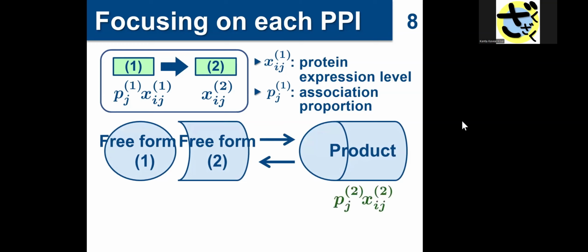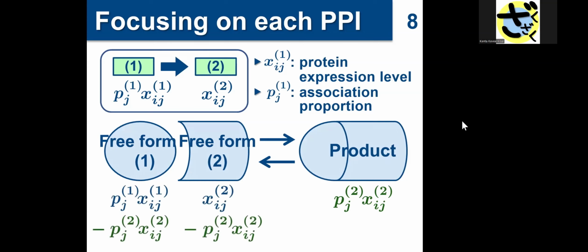We also assume that the product levels can be explained by the expression level of p_j2 times x_ij2, and the free forms of protein 1 and 2 can be explained by the involved expression level minus p_j2 times x_ij2, respectively.